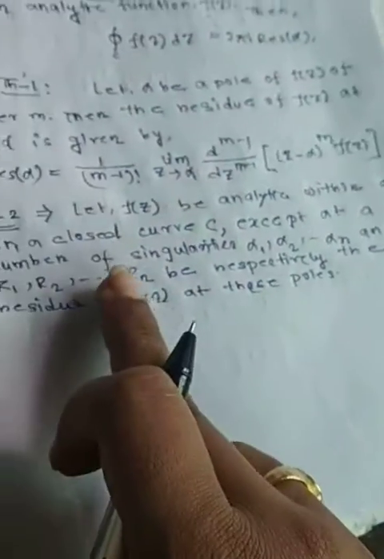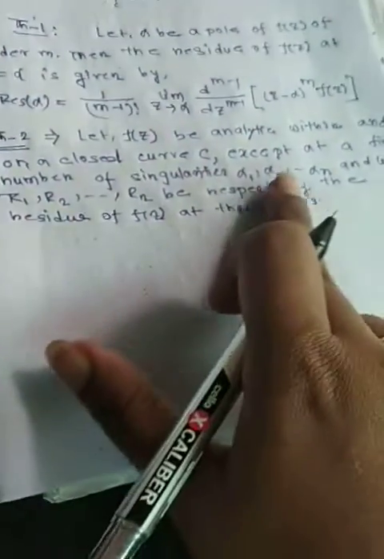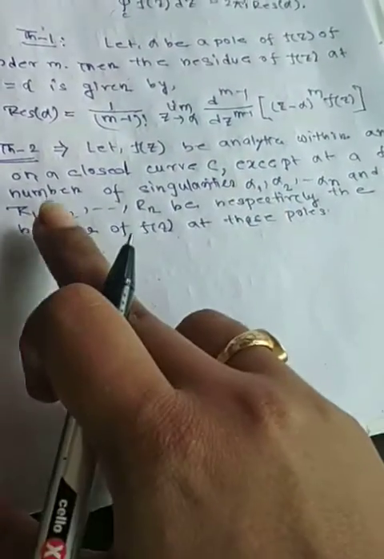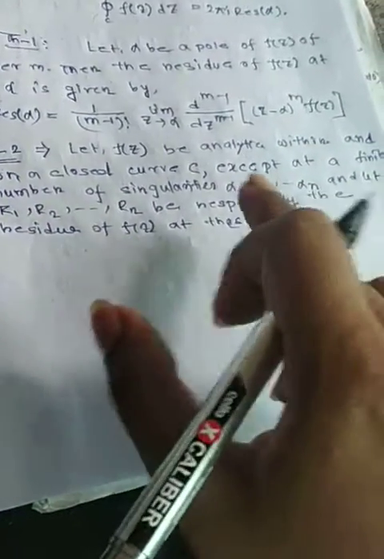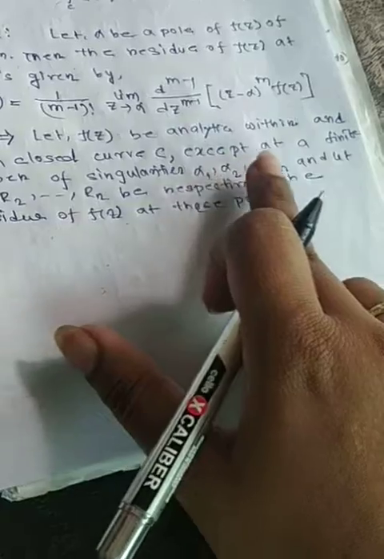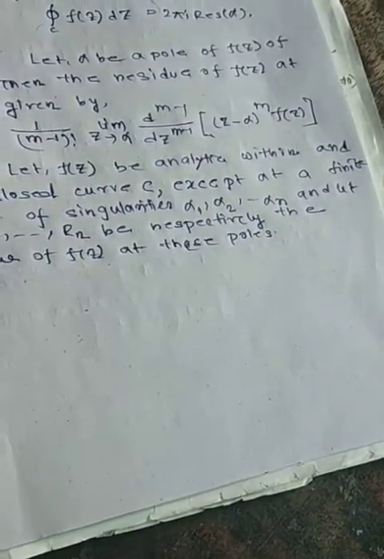R1 is the residue at alpha 1, R2 is the residue at alpha 2, and obviously all these points, alpha 1, alpha 2, up to alpha n, will be interior points.